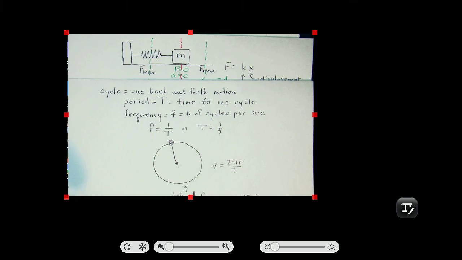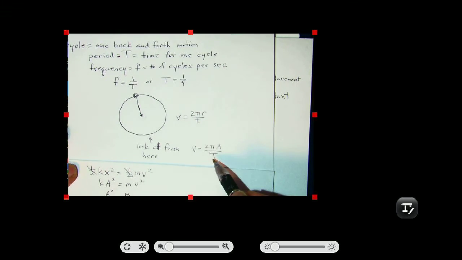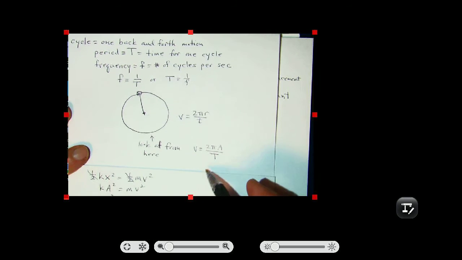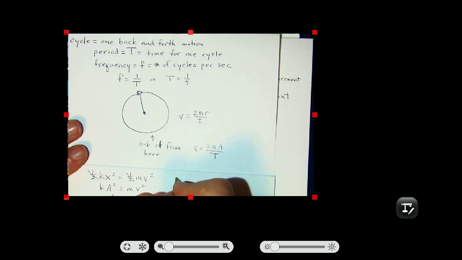Okay, so let's go back to what we had right here. Our velocity is equal to 2 pi A divided by T. If I solve for T, multiply both sides by T, then divide by v, T equals 2 pi A over v.